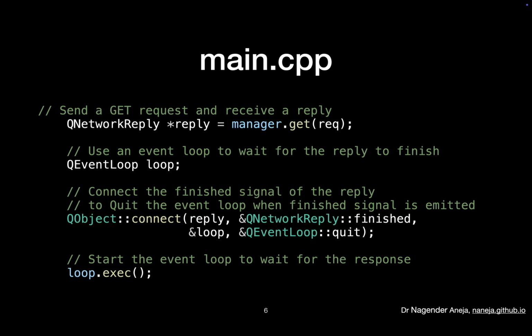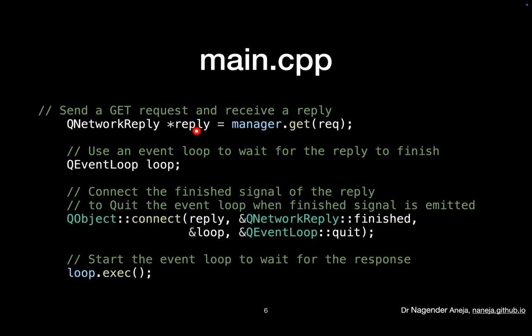So we have connected this here. So connect the finished signal of the reply. So when this reply is finished, then the loop will quit, so that the loop will be over. So that's how we linked this reply with the loop. So we're saying that reply, that's the reply, which is an object, right? So we're passing this object reply, and finished is a signal.